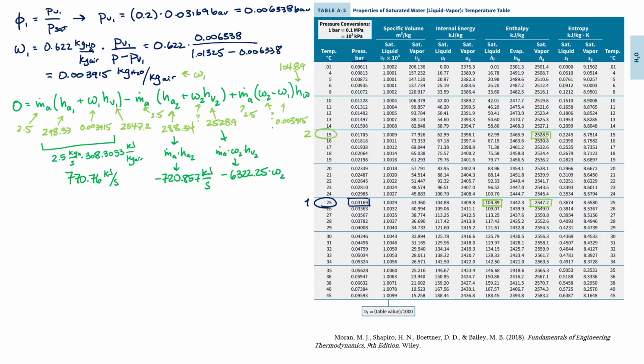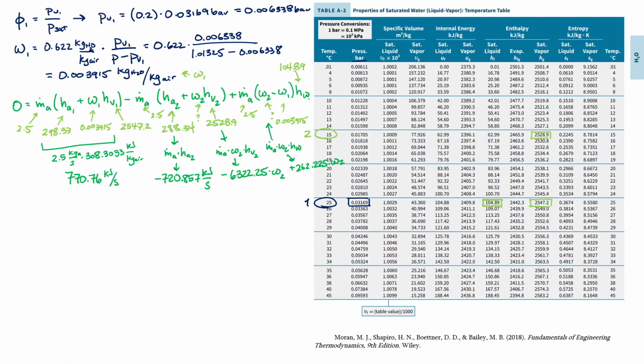And then my water for this first portion, I don't know, so I just have m dot of air times omega 2 times h, enthalpy of the liquid water, and I get a value of positive 262.225 times omega 2.